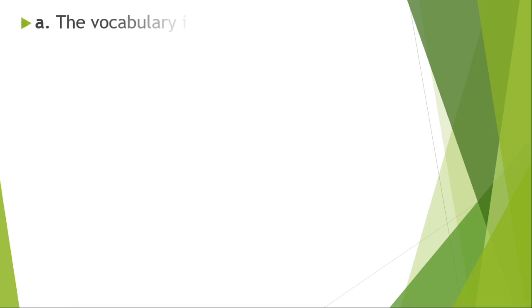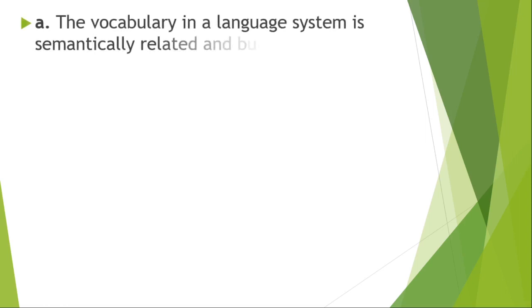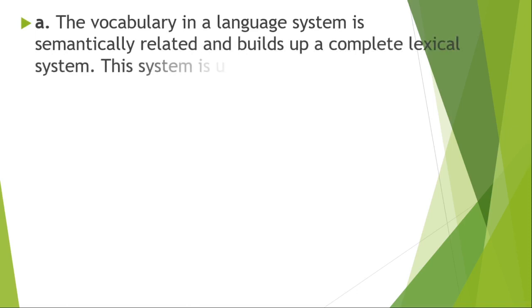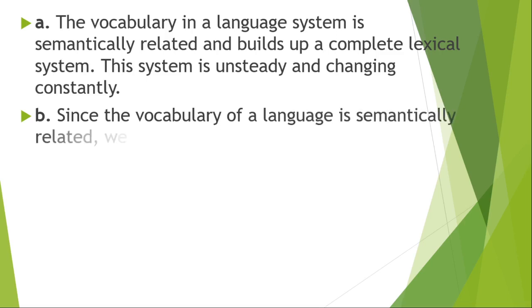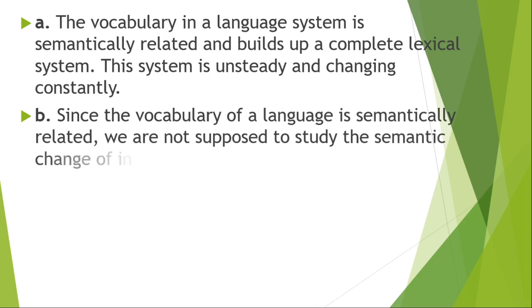The first feature is that the vocabulary in a language system is semantically related and builds up a complete lexical system. This system is unsteady and changing constantly. The second feature is that since the vocabulary of a language is semantically related, we are not supposed to study the semantic change of individual words in isolation, but to study vocabulary as an integrated system.